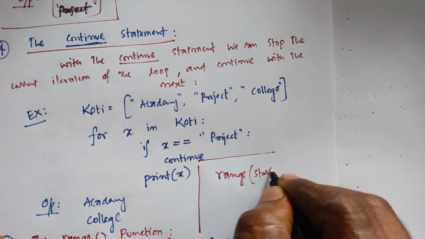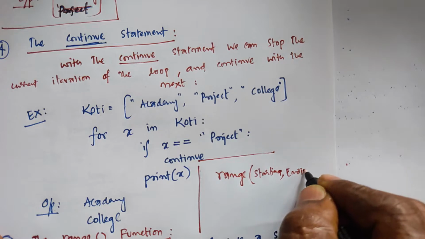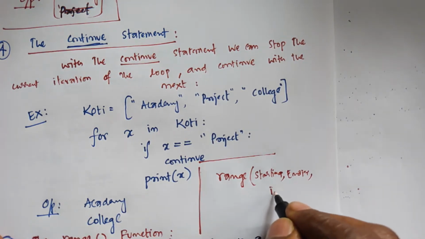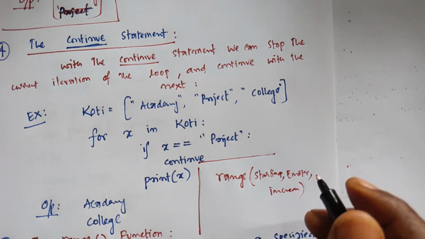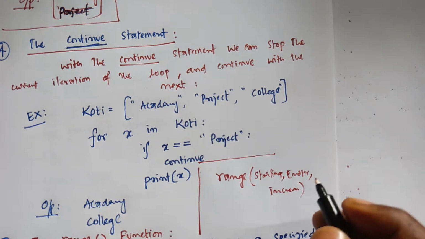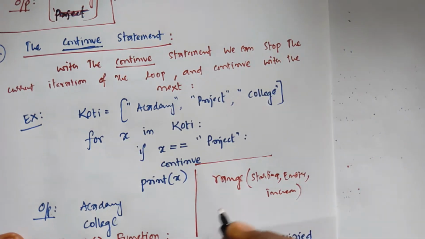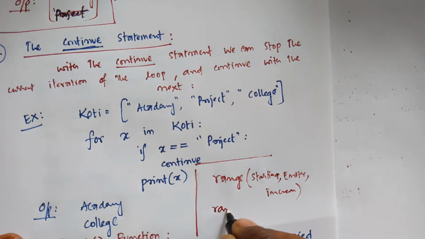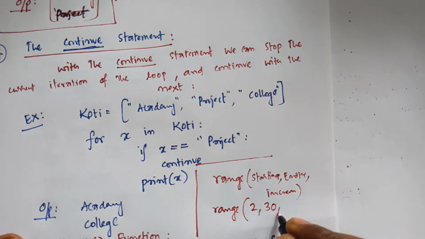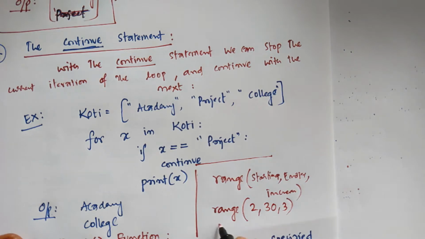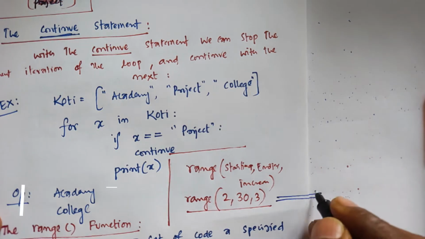Starting and ending, and one is the increment. Like that you can use the range instruction to generate values. For example, if you write range of 2 comma 30 comma 3, what will you get at the output?